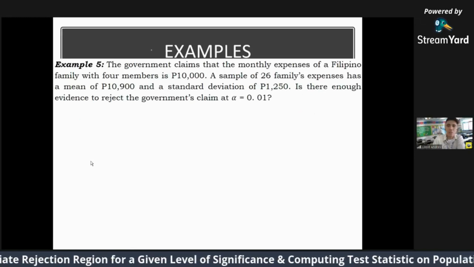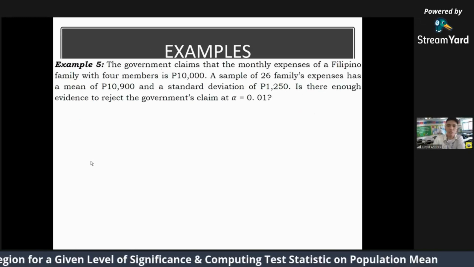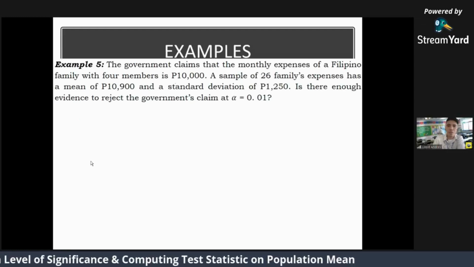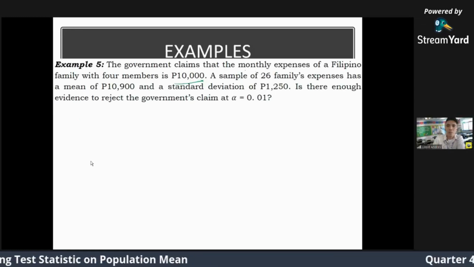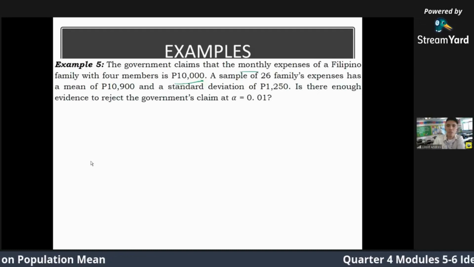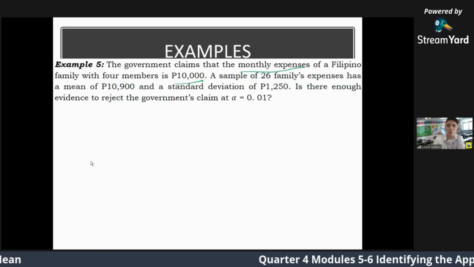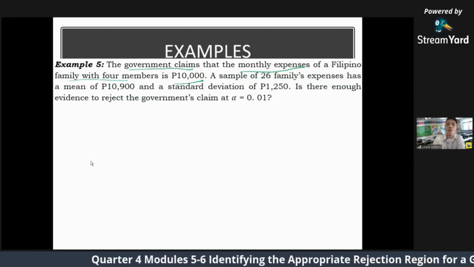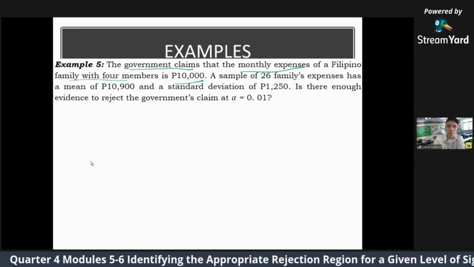So, to determine that, let's identify the given. 10,000 is the monthly expenses of a Filipino family with 4 members, the government's claim, on their record, so this is the mu.